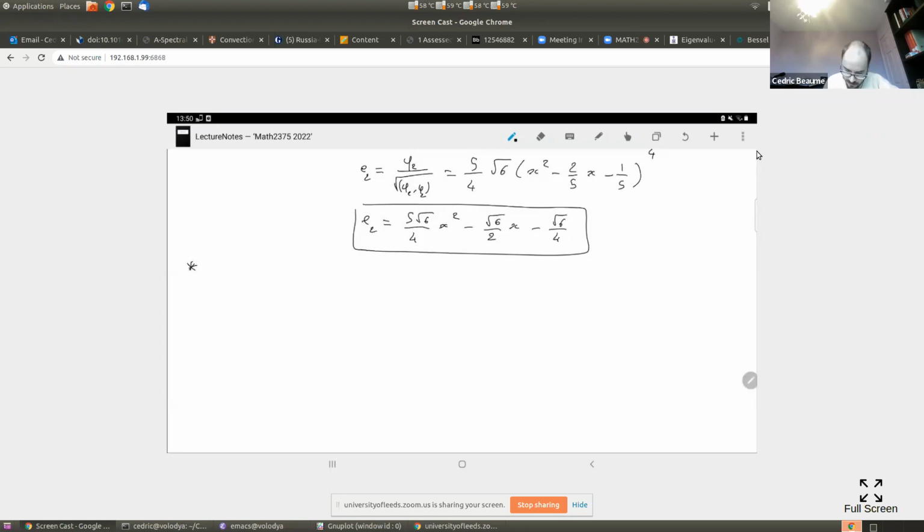So find the best in the mean approximation a0 plus a1x plus a2x squared of f equals x cubed, based on what we've just done.